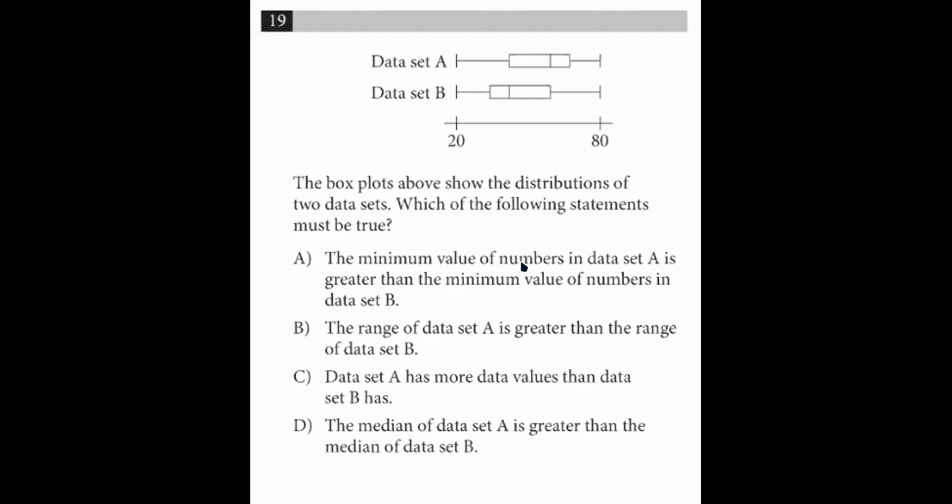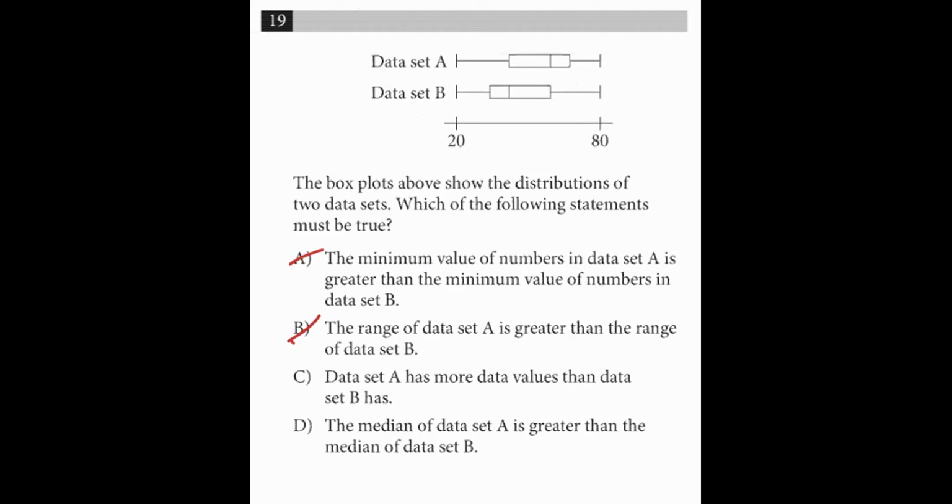So the minimum value in A is greater than the minimum value in B. Well, the minimum values are the same, so no. The range in A is greater than the range in B. Range is the highest minus the lowest value, so no. The maximum value for both of them is 80 and the minimum value for both is 20, so the range is the same.